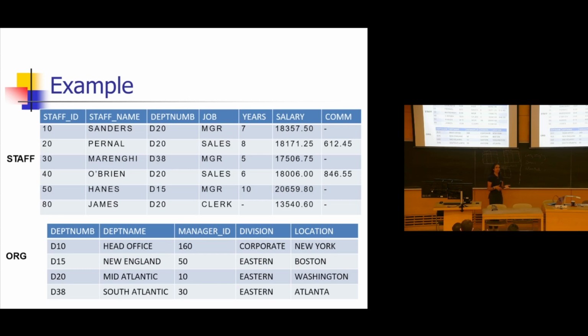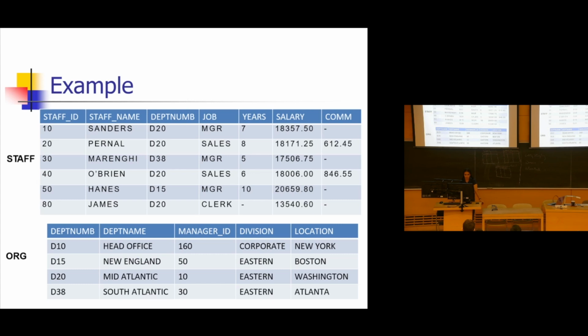The staff table is basically your employee table, with all employee information, like the staff ID, name, department they are working in, department number, job, whether they are manager, sales, and so on, years of working in the company, salary, and commission, okay? And then in the organization table, we have department number, name, manager ID, division, and location, okay?